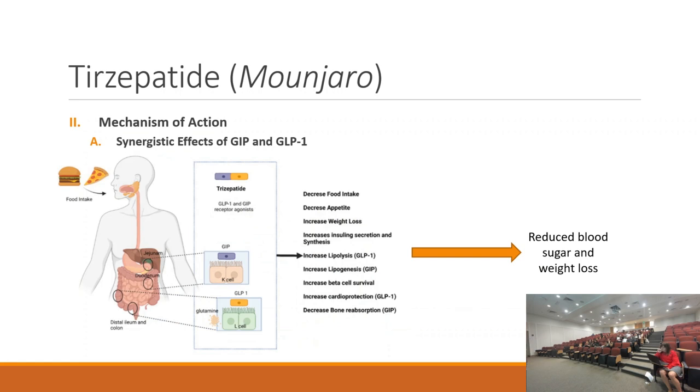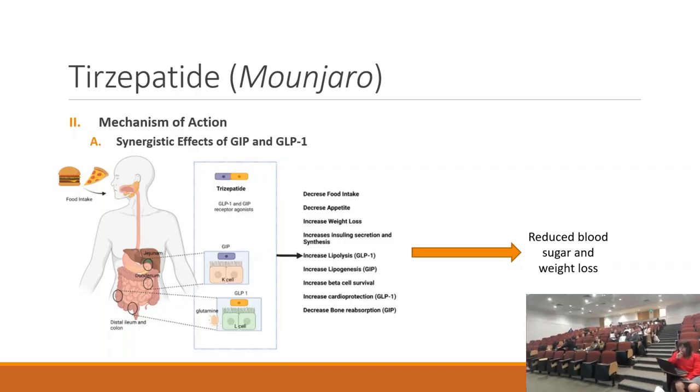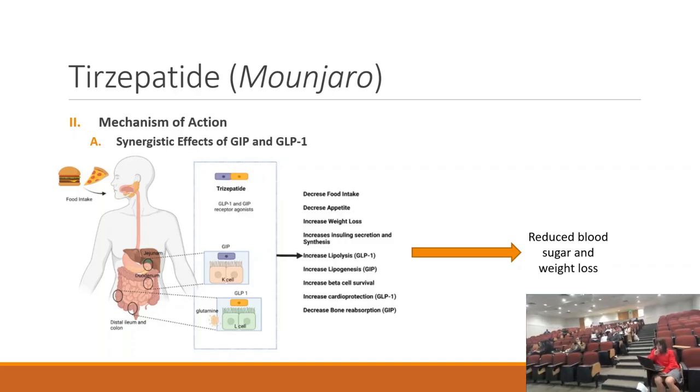There is enhanced lipid metabolism associated with tirzepatide as compared to some of the other GLP-1 analogs that we talked about, an enhanced effect on beta cell survival, increased cardio protection. There's a lot of good stuff with this. It's really, like I said, kind of a GLP-1 agonist on steroids, essentially.